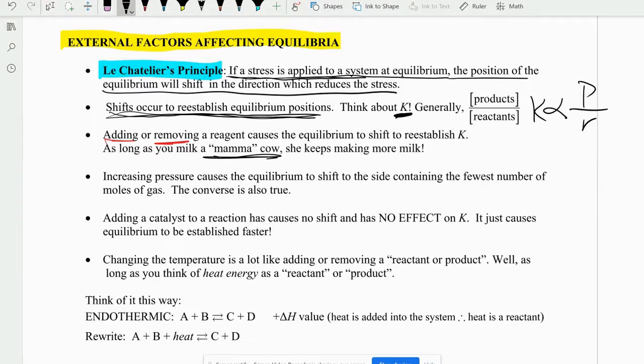A mama cow, by the way, is a mammal, and mammals have mammary glands. So when a mama cow gets pregnant and has a calf, she's going to produce milk for her calf. And yes, all mammals work this way.